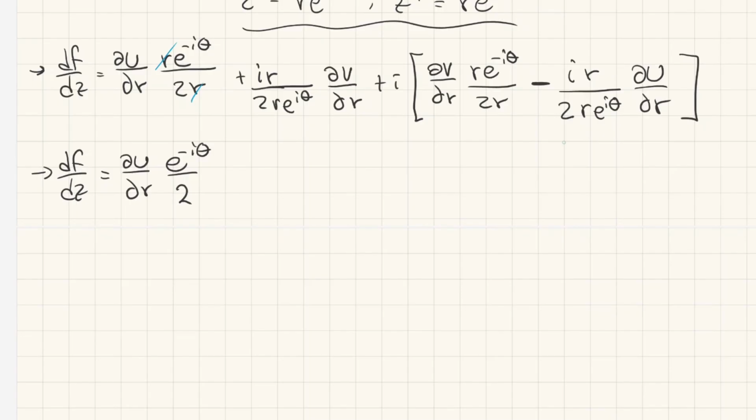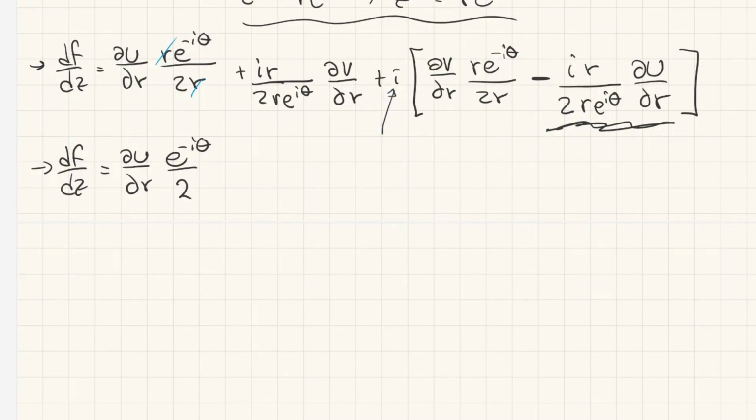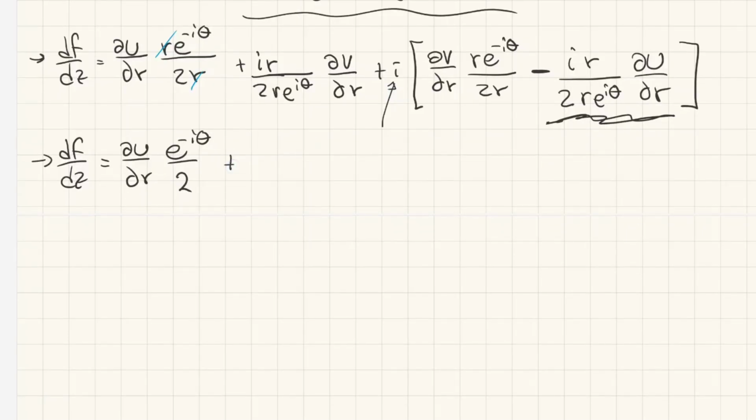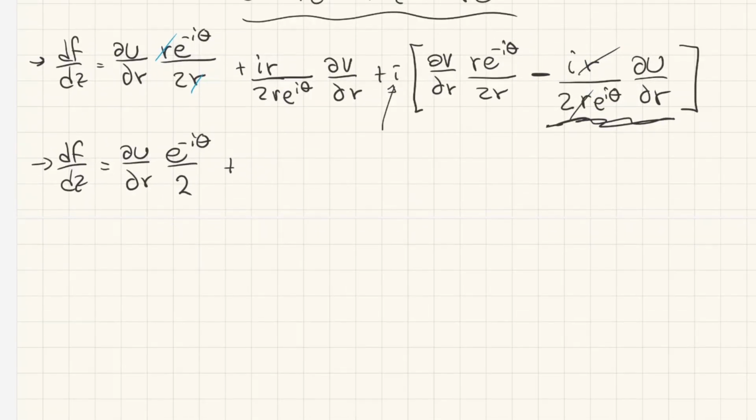And then looking at this quantity, it is going to be real: when we multiply by this i, we actually get a plus, and then r cancels with this to get e to the negative iθ divided by 2, and then the derivative of u with respect to r.